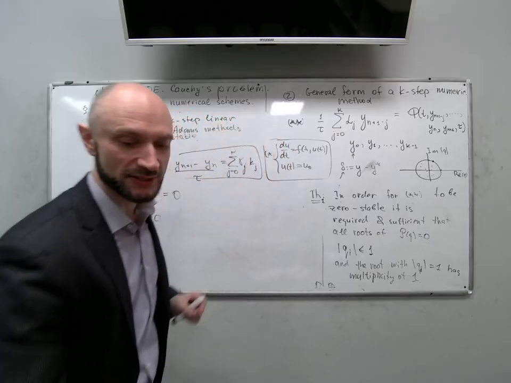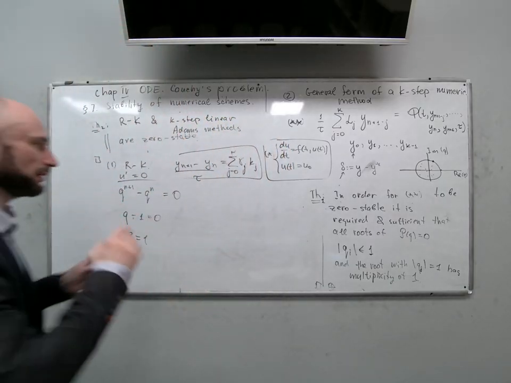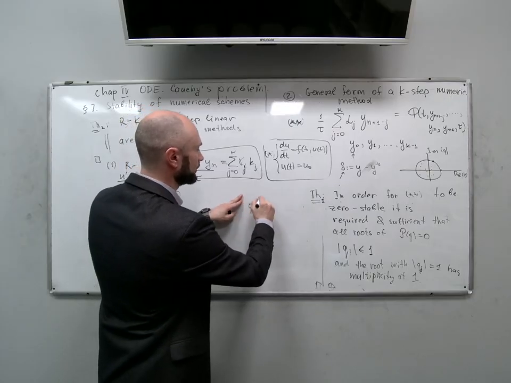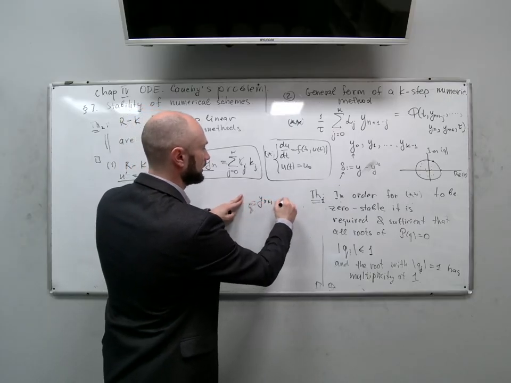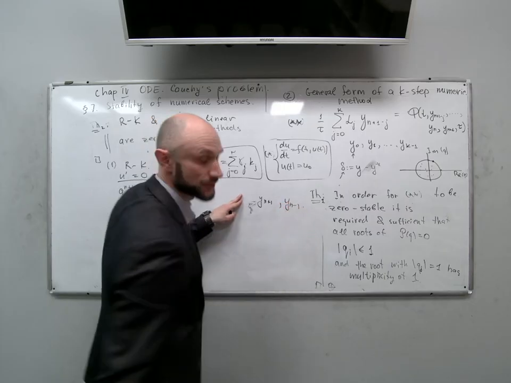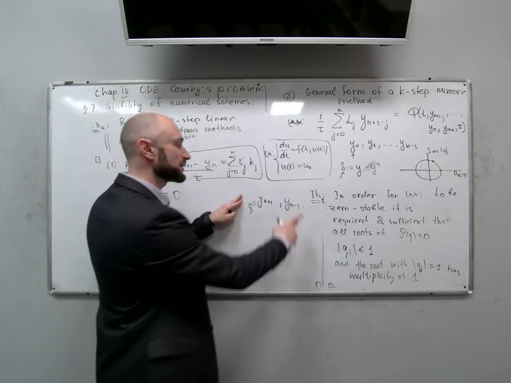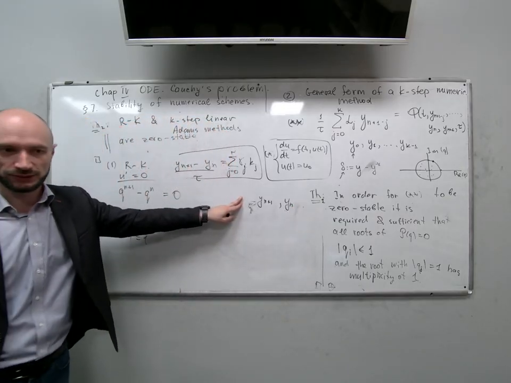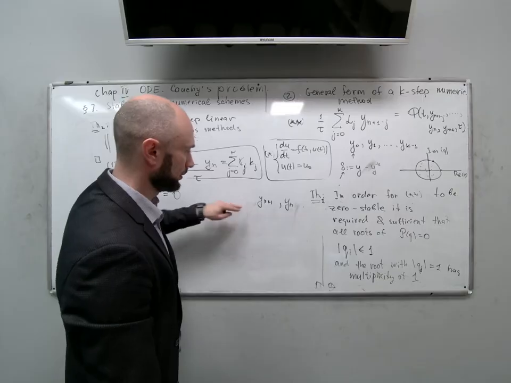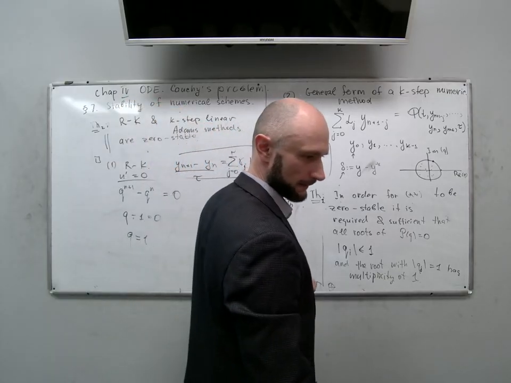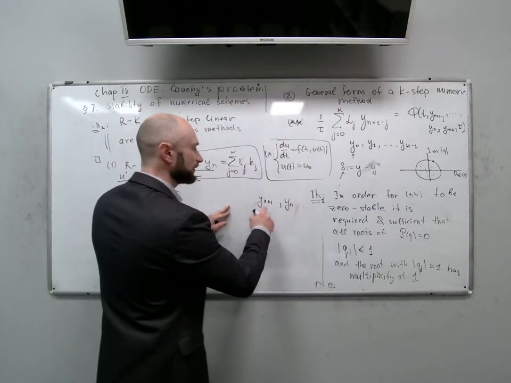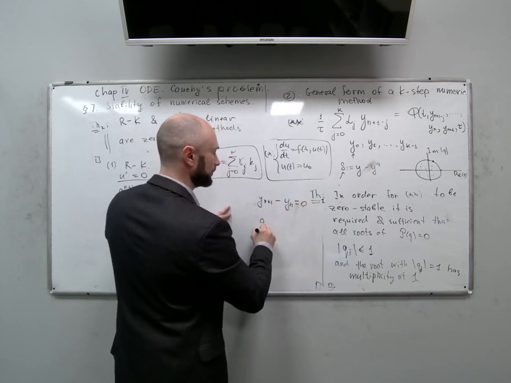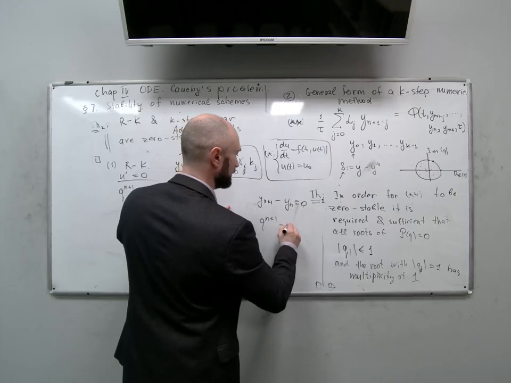It was an example of another two-step method, not the Adams family, because it involved yn plus 1 and yn minus 1. All Adams methods involve only these two values on the left-hand side.